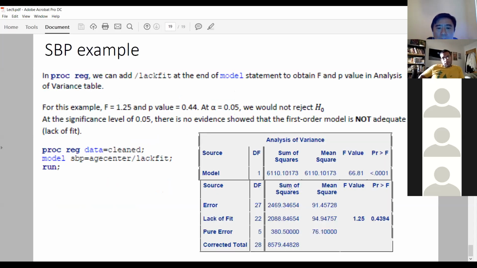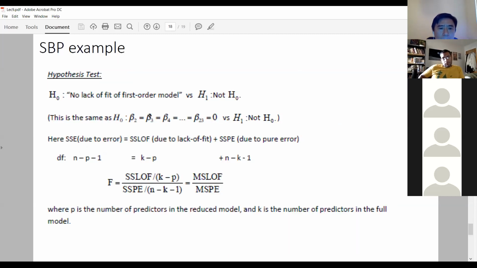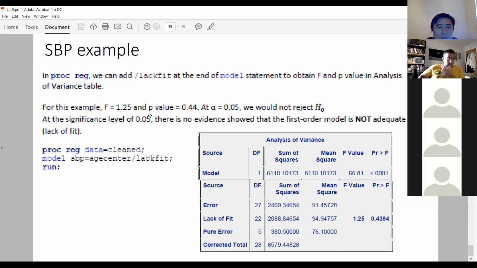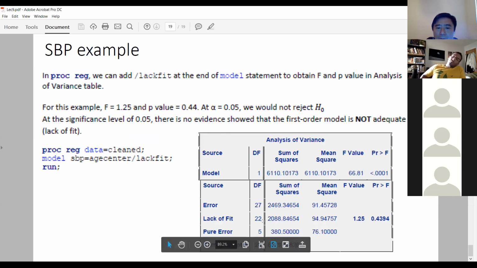So like I show in this example, based on the number of observations, we can actually go up to 23 degrees of freedom. So that means, except the linear term, the lack of fit degrees of freedom is 22, which is 23 minus 1.